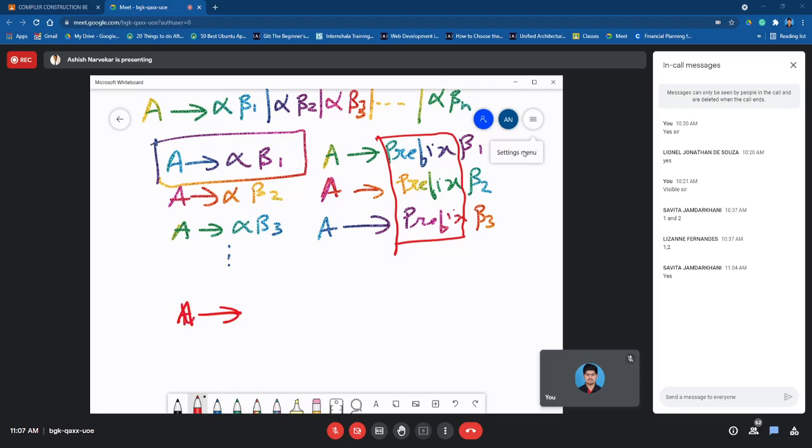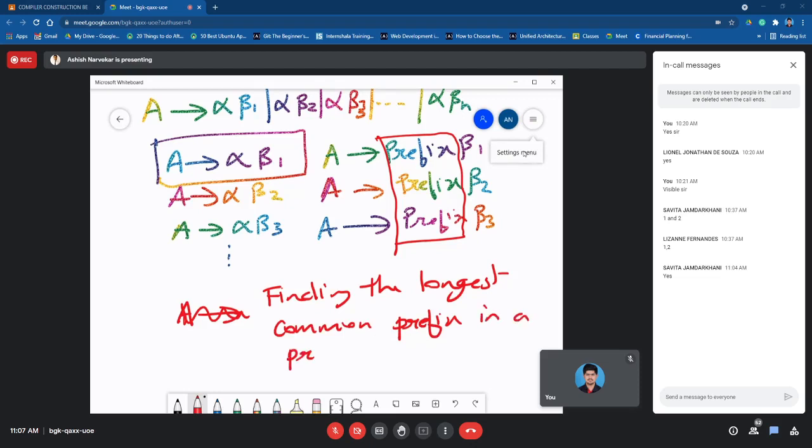Okay, so left factoring is a concept which involves finding the longest common prefix in a production. So that is what left factoring is. Here we have considered it in terms of alpha: alpha beta 1, alpha beta 2, alpha beta 3, so on till alpha beta n. So alpha we have considered as a prefix.